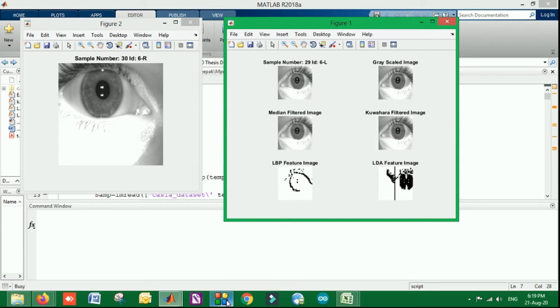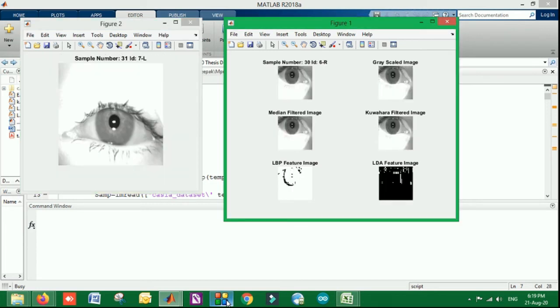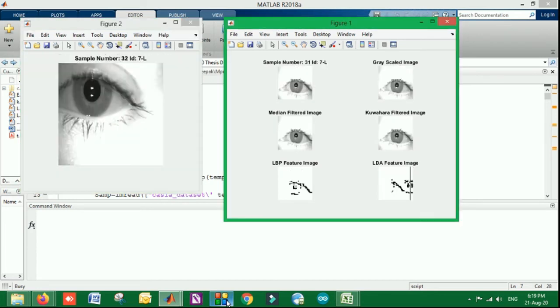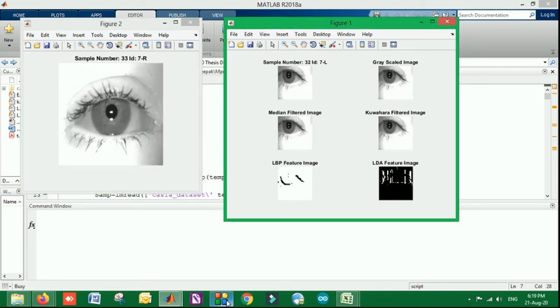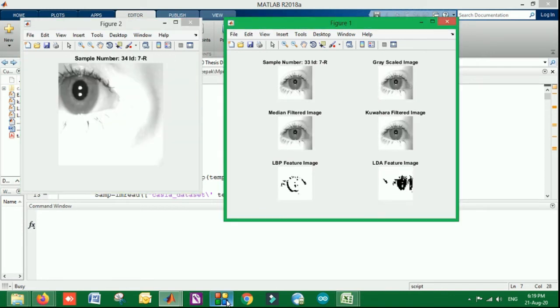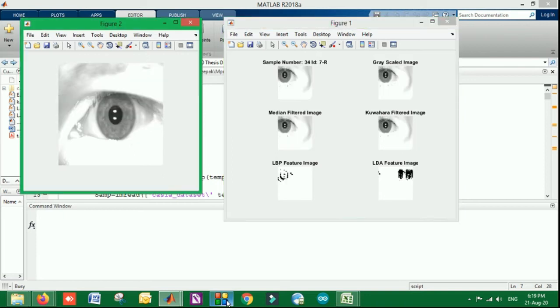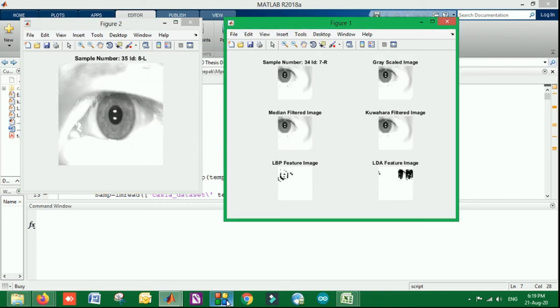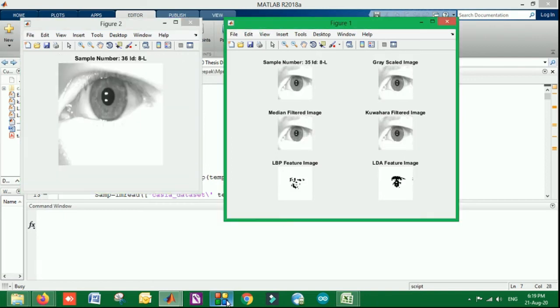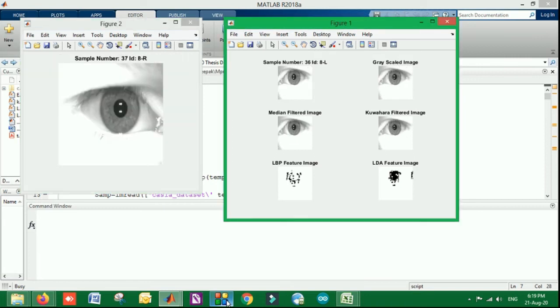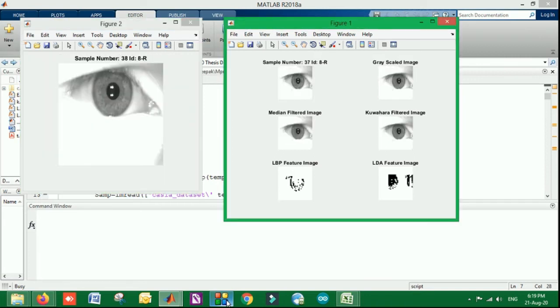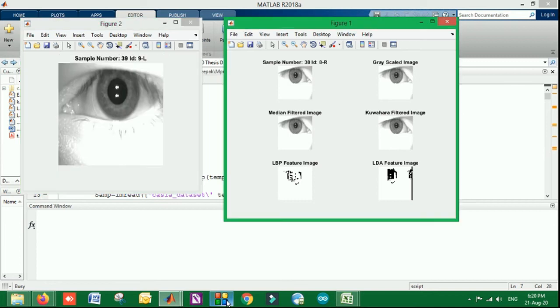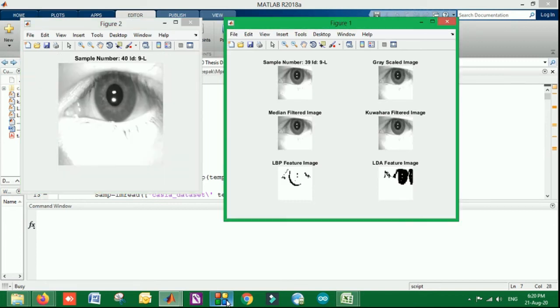Right? So let's wait for the processing, and then it will start with the artificial neural network training and evaluation. As you can see, the number of samples we are using here is very large, because it has both left and right samples.